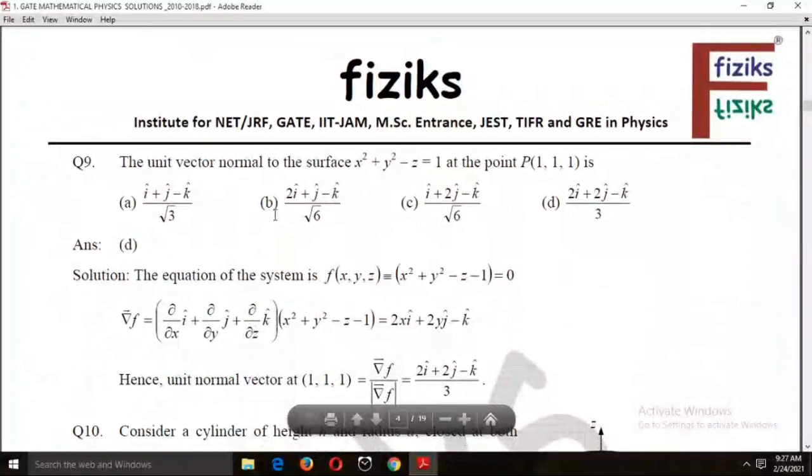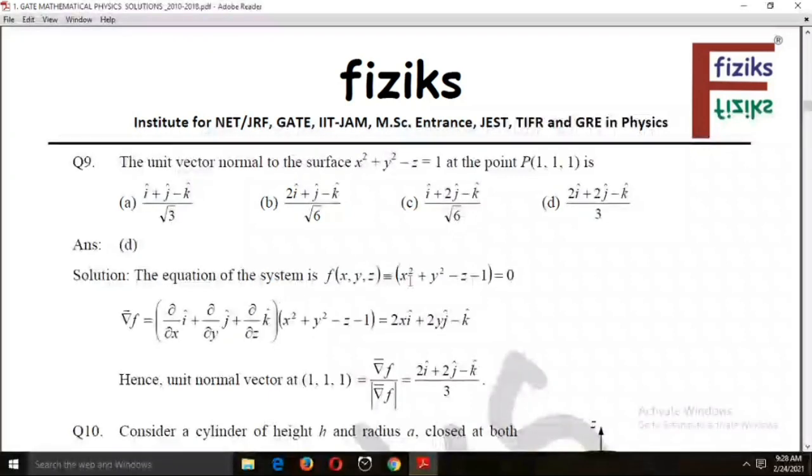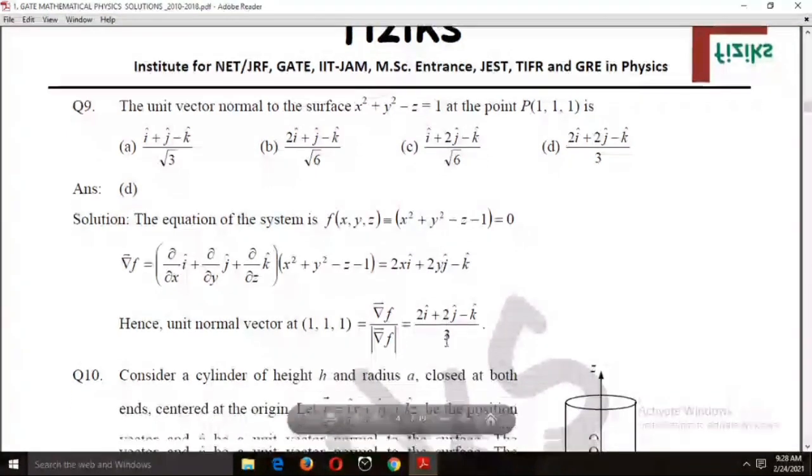Next, the unit vector normal to the surface x square plus y square minus z equals 1 at point P(1,1,1) is... So for the calculation of unit normal, first we calculate grad of f. F is this, so grad of f will be 2x i cap plus 2y j cap minus k cap.